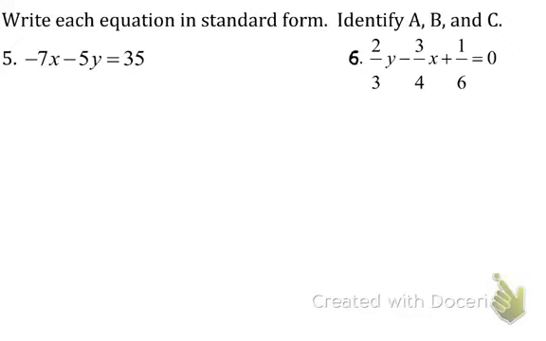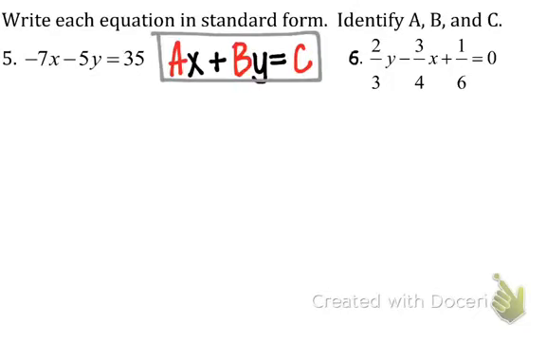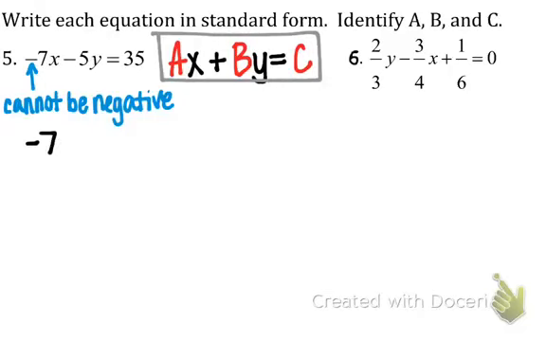Now let's rearrange some of these equations to put them in standard form. First of all, our general standard form is ax plus by is equal to c. So what is wrong with number 5? Well, first of all, the leading coefficient, a, cannot be negative. So we have the x, the y, and the constant on the right, which is fine, but that leading coefficient cannot be negative.